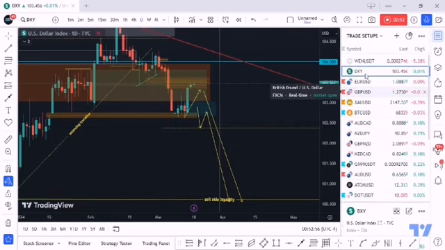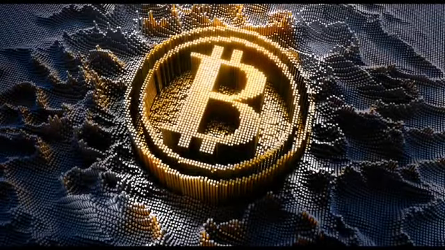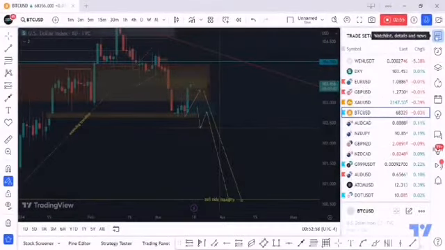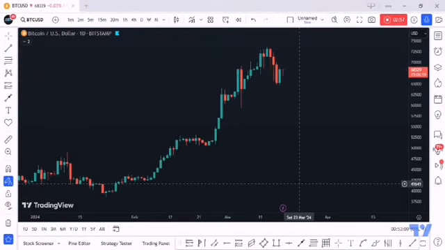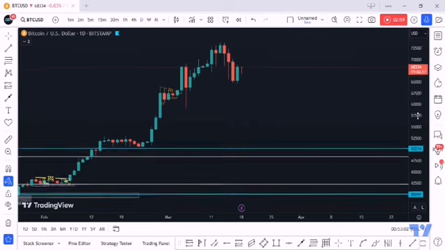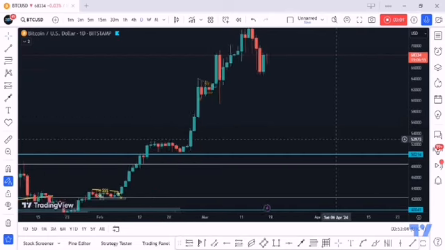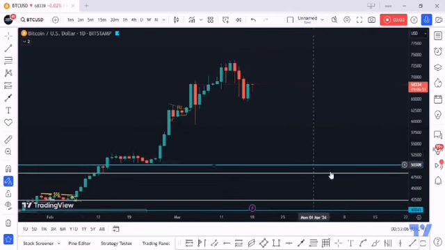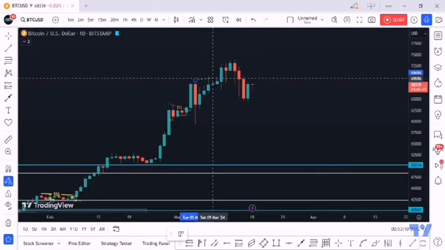If I go to BTCUSD, just as a reference point as well. Currently, we have been breaking all-time highs, and we've been pushing up quite a bit. We're looking at the current structure over here.